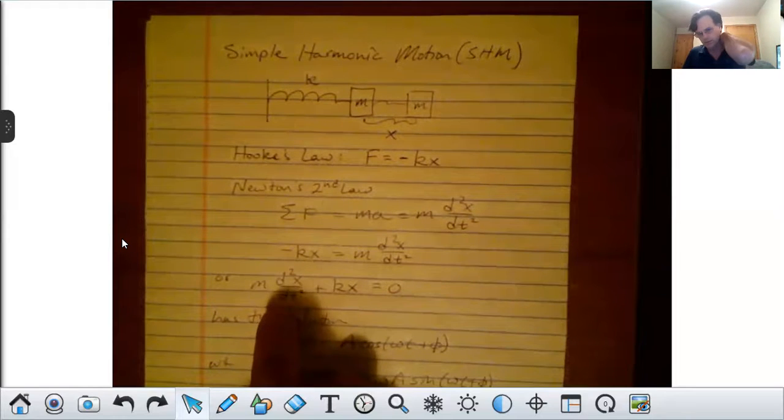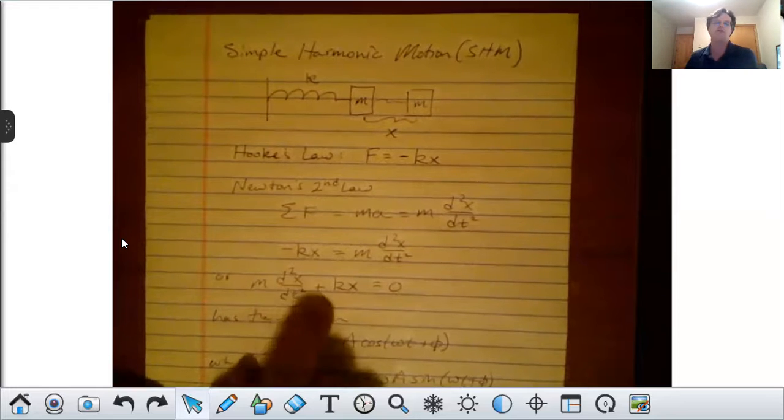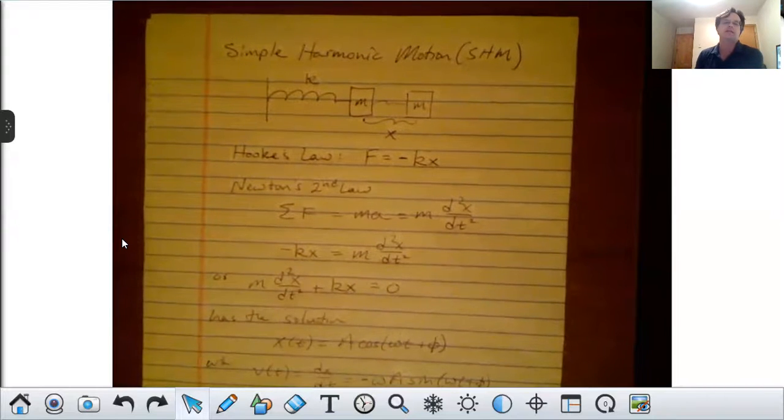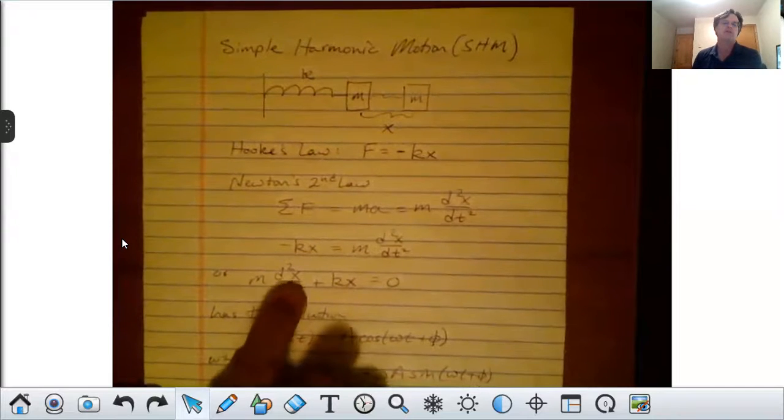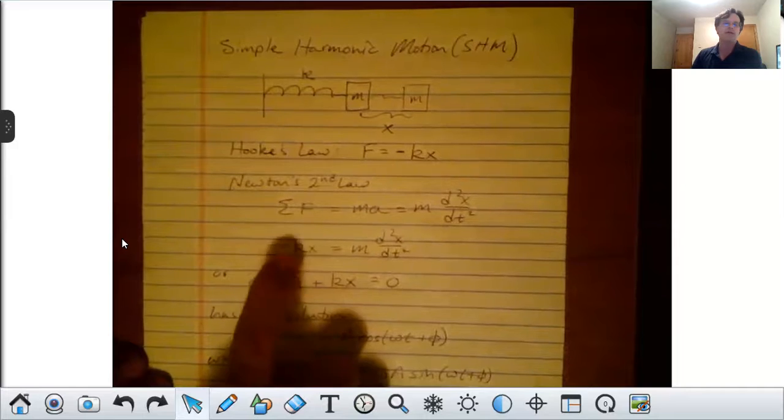Now, if you've taken a differential equations class, you'll see different methods of solving types of equations like these. One way to do it, though, is to just make a guess. If you look at this, you can see that if I take a second derivative, I've got to have the same function back, maybe multiplied by a negative constant, so they add up to 0.